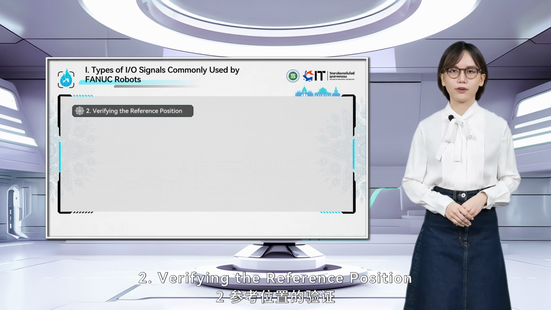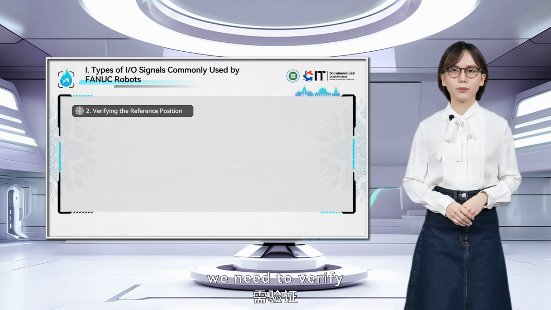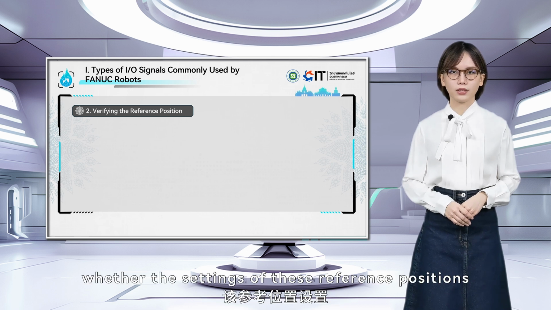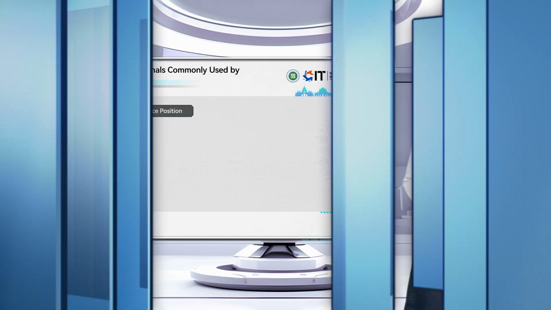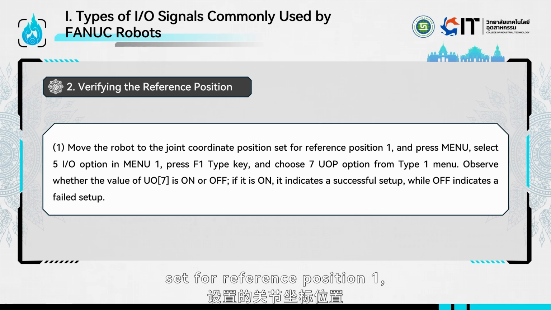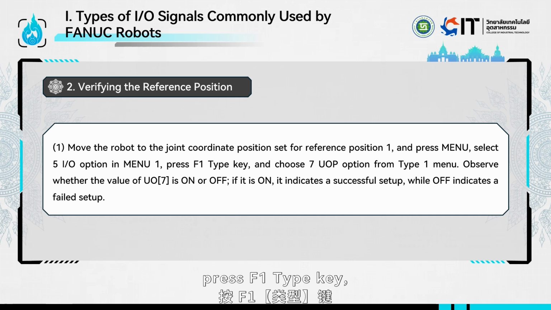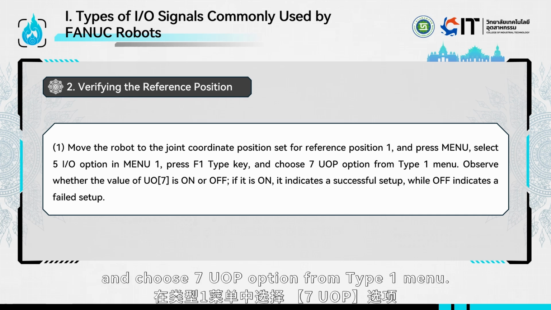2. Verifying the reference position. After setting the reference positions, we need to verify whether the settings of these reference positions are effective. 1. Move the robot to the joint coordinate position set for reference position 1, and press Menu. Select 5 IO option in Menu 1, press F1 Type key, and choose 7 UOP option from Type 1 menu.